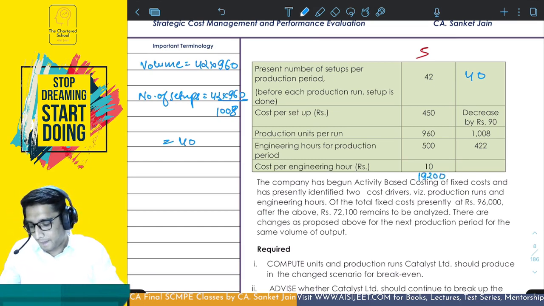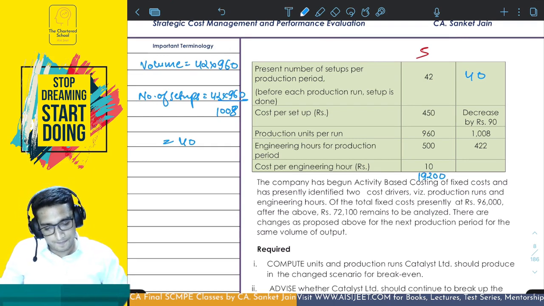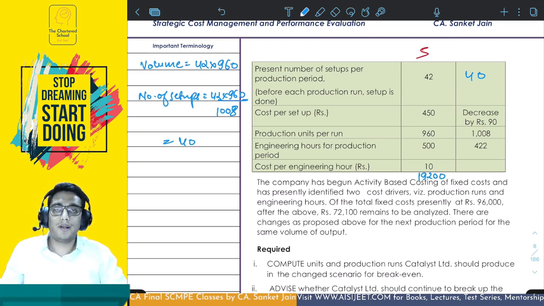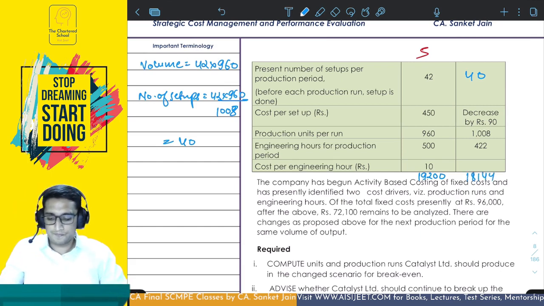Proposed, let's see, 40 multiplied by 360, plus 42 multiplied by 10, plus 72,100. This gets you 90,720. Divided by 5, you get 18,144. Okay, this is the break even point in units.